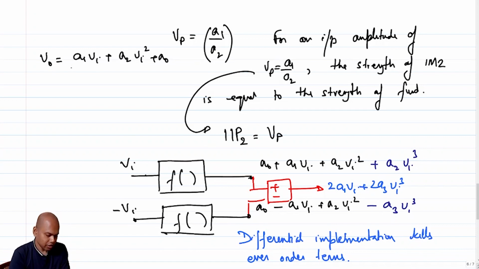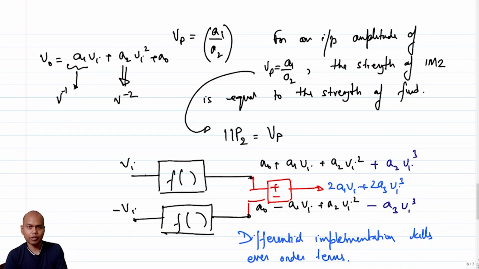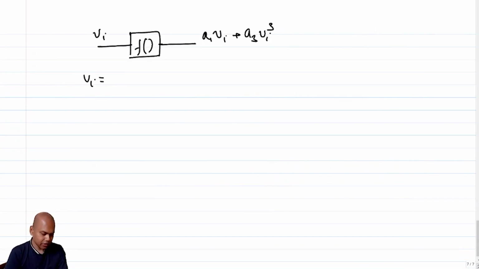So clearly, the unit of a1 is voltage inverse, and the unit of a2 is voltage to the power minus 2. That is why a1 over a2 has the unit of voltage, right? So that is something you have to keep in mind. Similarly, what will be the unit of a3? It will be V to the power minus 3.